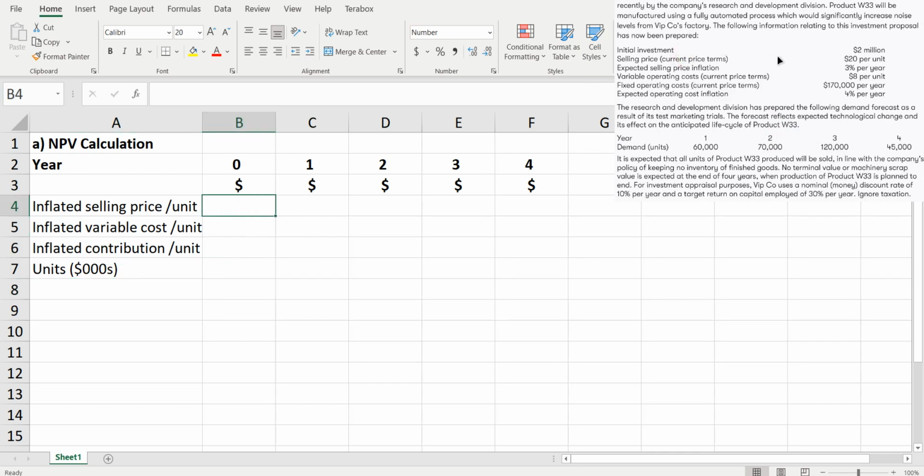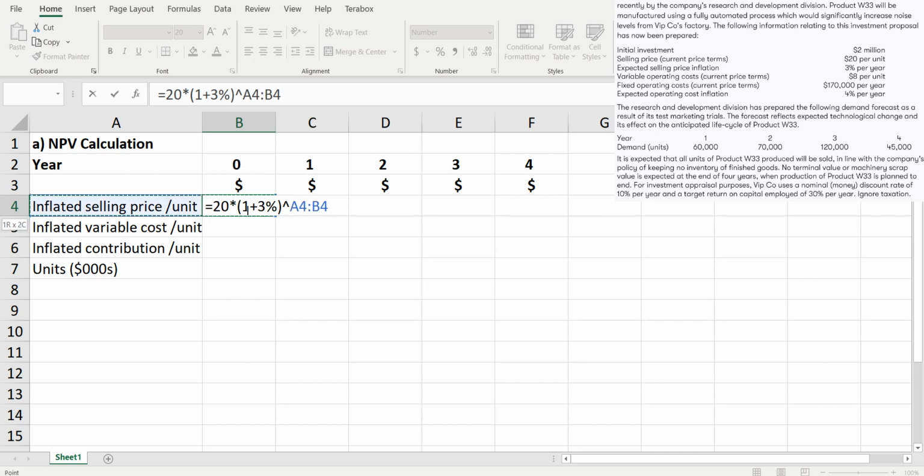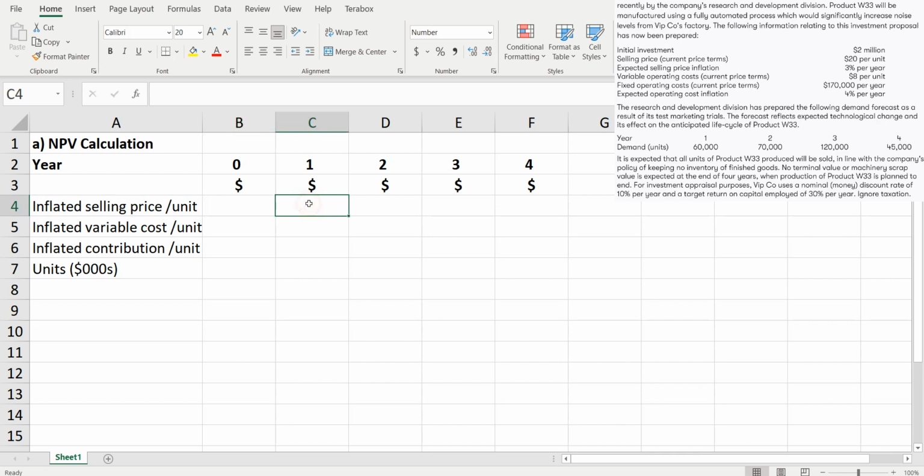Okay, so let's write it down. Inflated selling price. Selling price is given 20, and we have to inflate it, so equals 20 into bracket start 1 plus 3%, and that's the same for every year, so let's do the power. Oh, actually we have made a mistake. It should be from here.